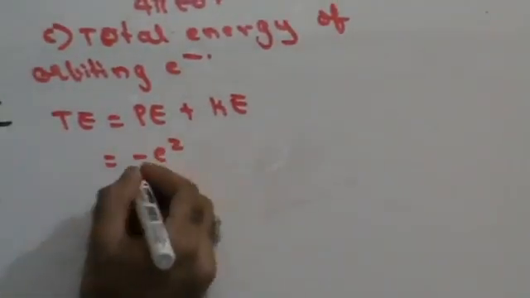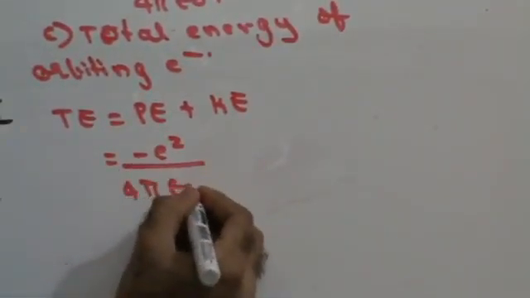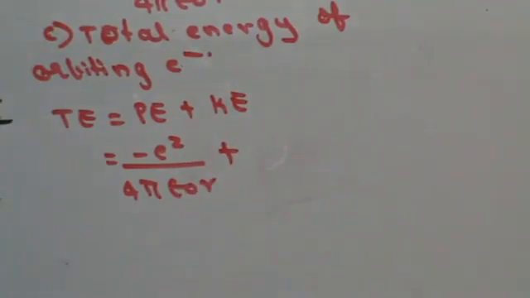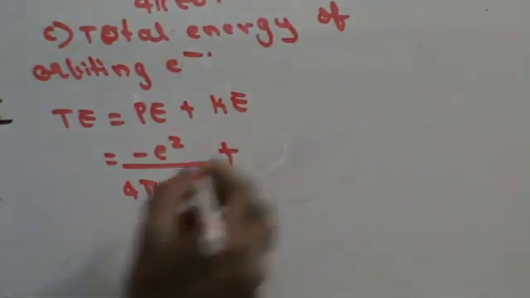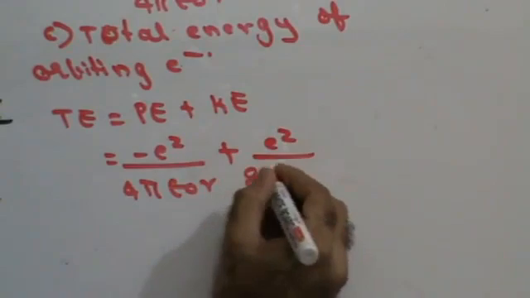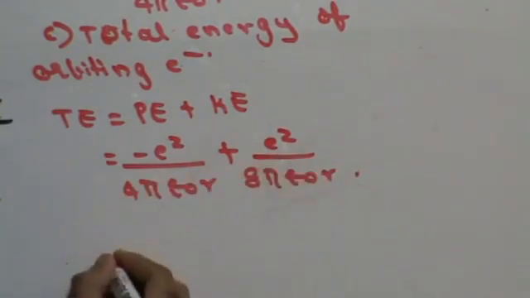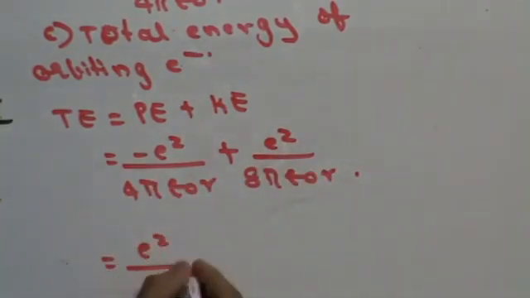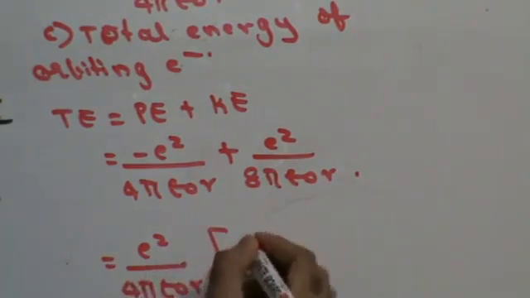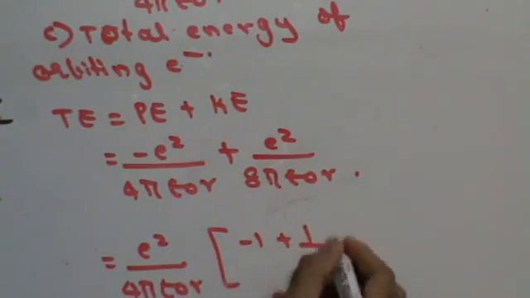Potential energy is minus E square upon 4 pi epsilon 0 R. Kinetic energy we found out is E square upon 8 pi epsilon 0 R. This can be written as E square upon 4 pi epsilon 0 R common, so minus 1 plus 1 upon 2.